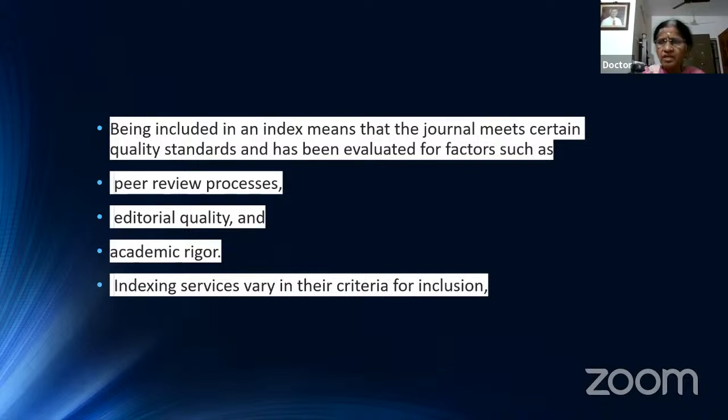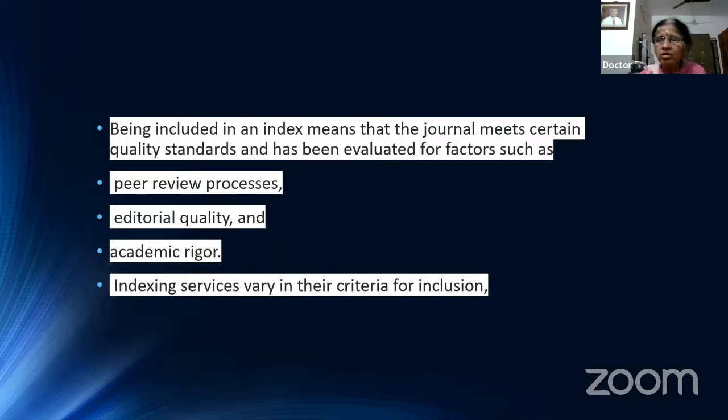All the articles published in it should have undergone peer review. Madam was talking to us just earlier about what peer review is. All articles published should have undergone this process of peer review. They should be of good editorial quality and have good academics. When all these criteria are fulfilled, only then does your journal become an indexed journal. Once a journal is indexed, it is meeting certain standards.